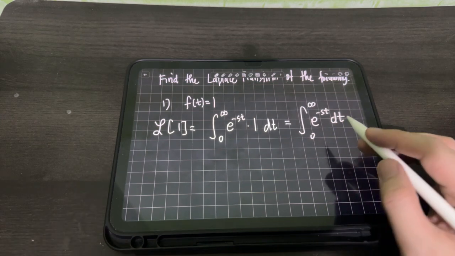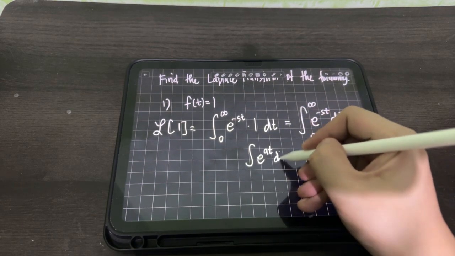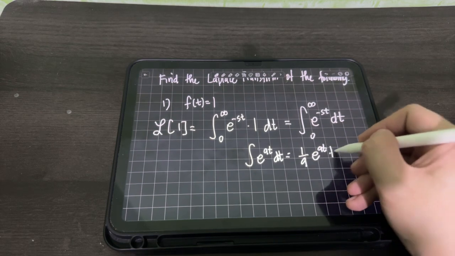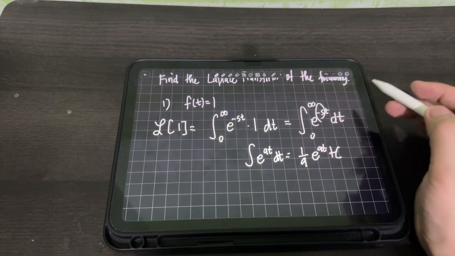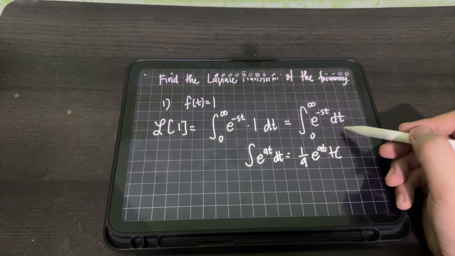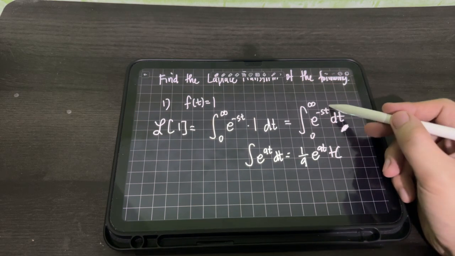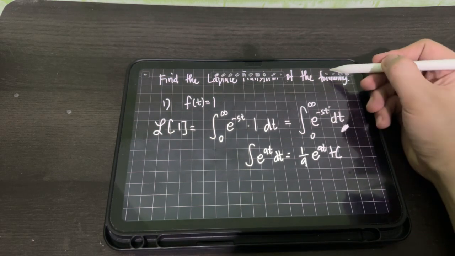We know that the formula for the integral of e to the at dt is equal to 1 over a e to the at plus c. Here, a is equal to negative s, because s is a constant since the integration is with respect to t. Our independent variable is t and we can consider s as constant.